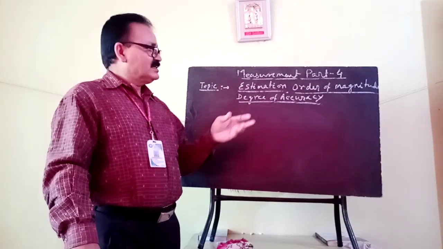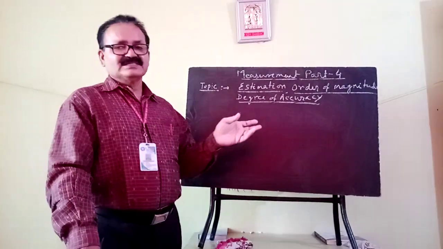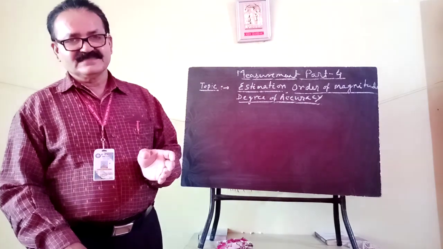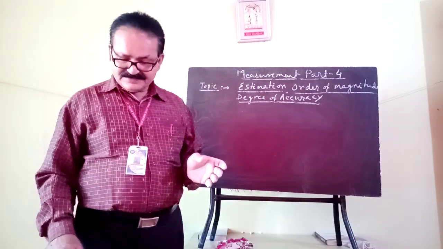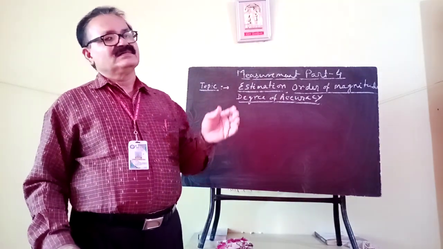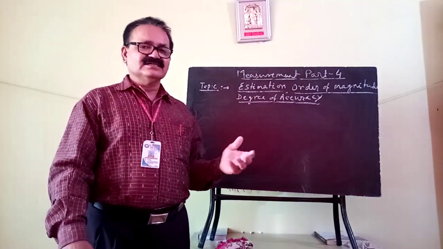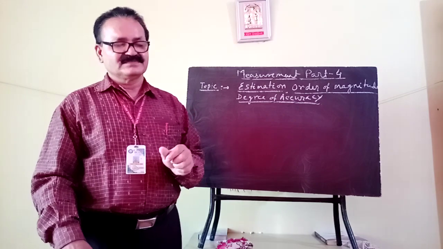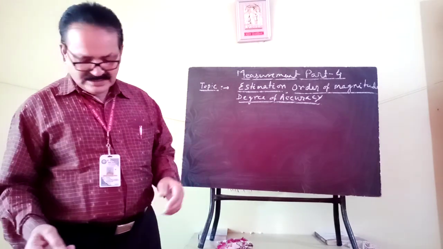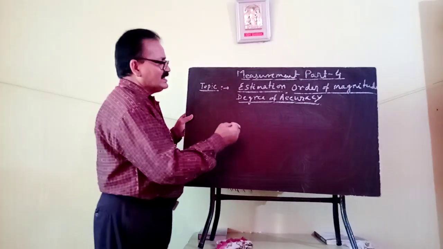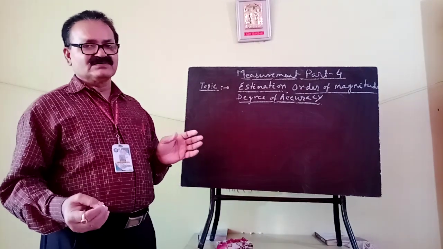So in order to express all this physical data, our scientists have found one way to express all this data in a precise manner. Okay, clear? So, how do we express the physical quantity?